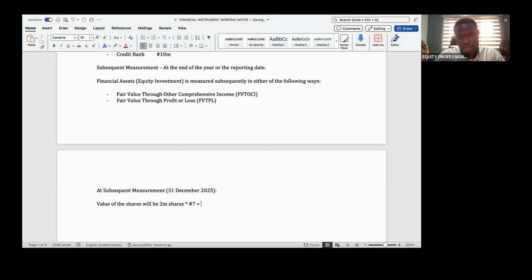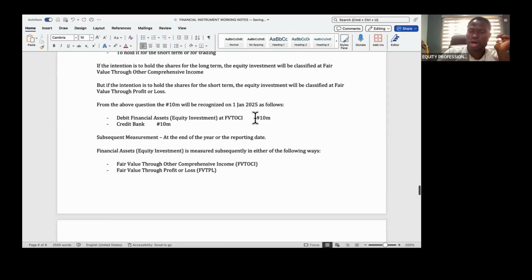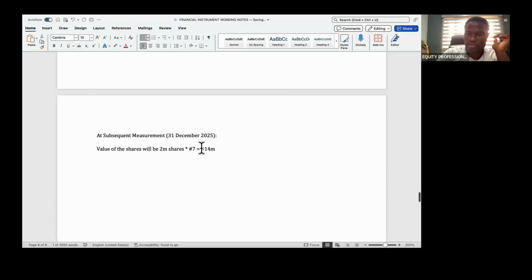And that simply will give us how much? That'll be 14 million naira. So shares that you bought for 10 million is now 14 million. Which means that you need to increase the value of these shares from 10 million to 14 million.